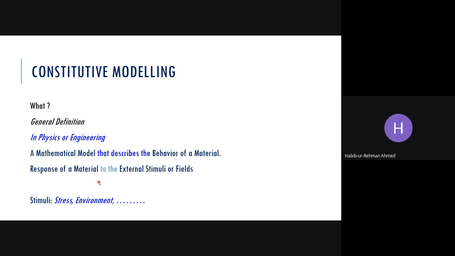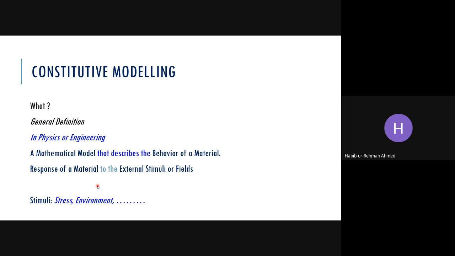If we place a material in a thermal field, it's again the study of the behavior, and finally the formulation of a mathematical model is again a constitutive model. Or even in an electric field, we place a material in the electric field and we determine its behavior. So the final objective of constitutive modeling is to determine the behavior of the material in a mathematical form to any external stimulus or field present around it.